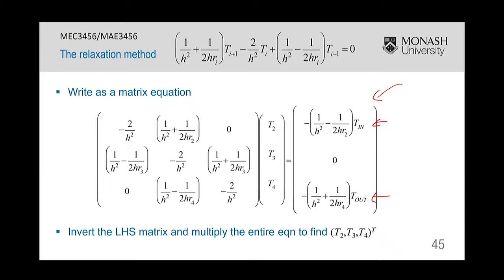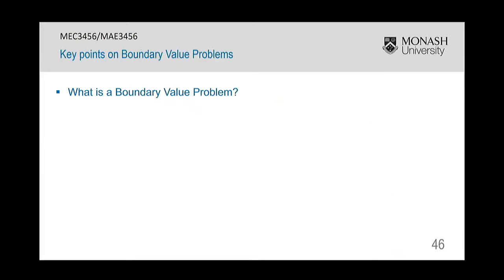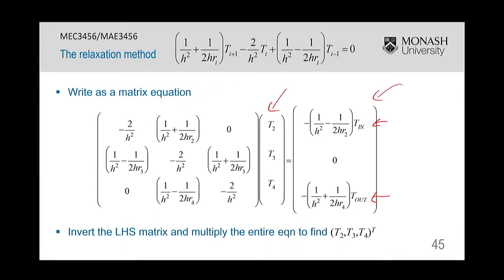We now invert the left-hand side matrix, and we multiply it by the entire equation, and we then end up with an expression for T2, T3, and T4. So that's how we find the solution in this case.